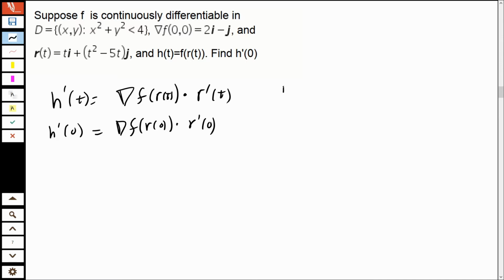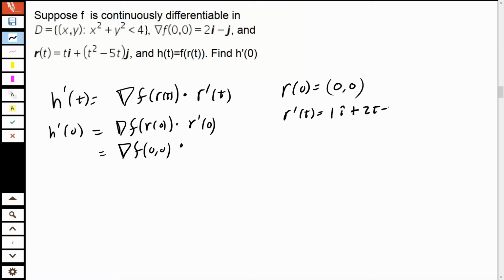So r of 0 is 0, 0, that's the gradient at 0, 0, dotted with r prime, which is 1i plus 2t minus 5j.